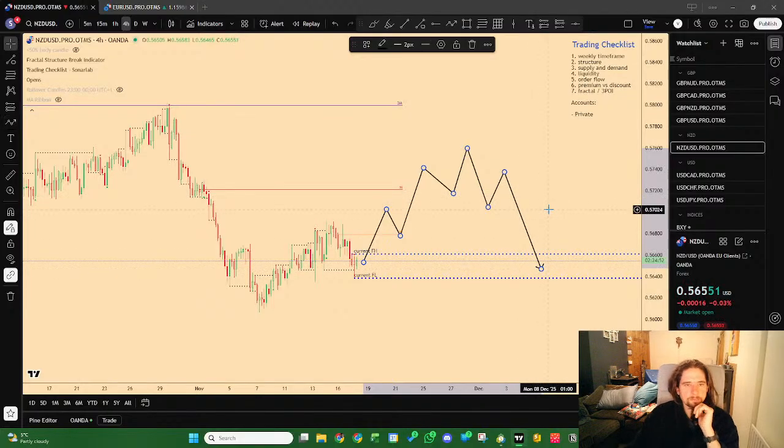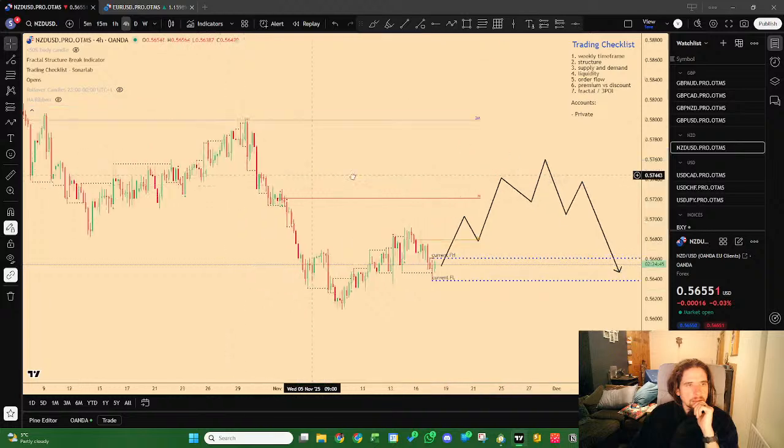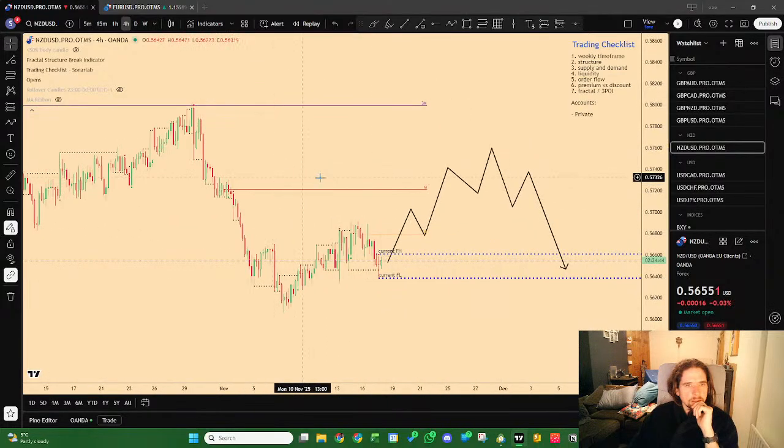That's what I want to see. I want to see it take out these highs, and we could go back to the 3 monthly.